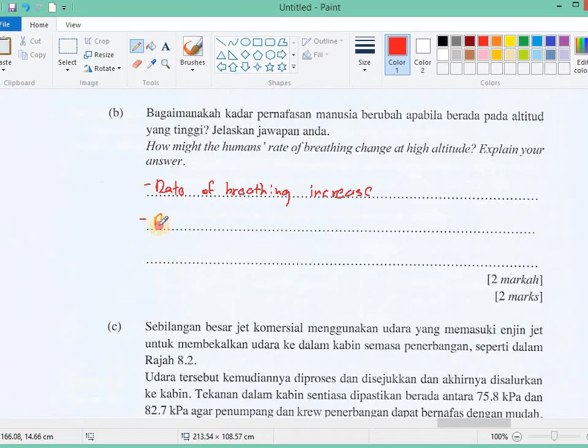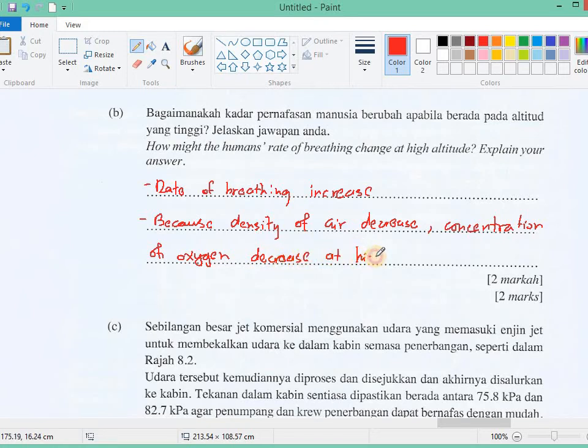Because density of air decreases and concentration of oxygen decreases at high altitude.